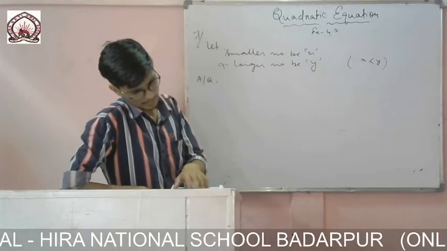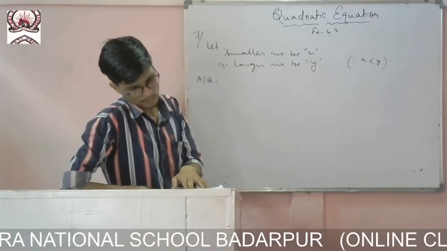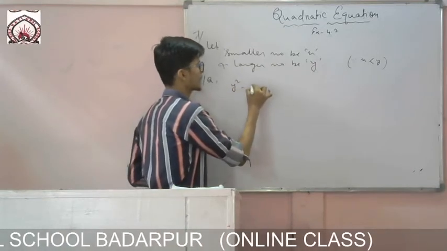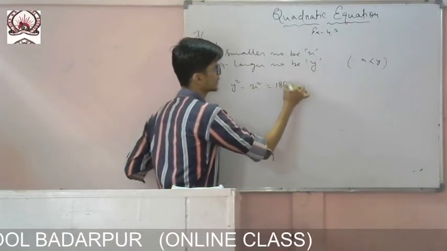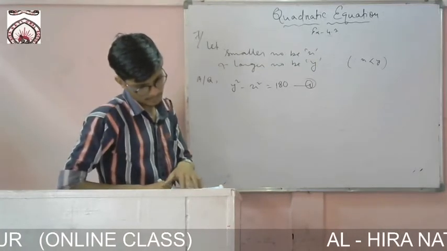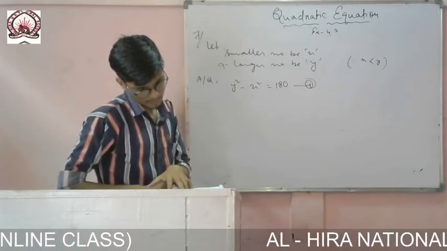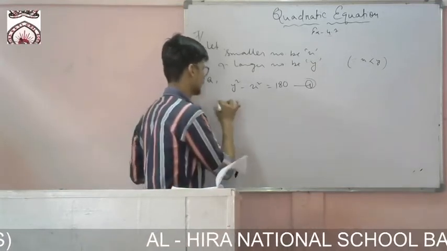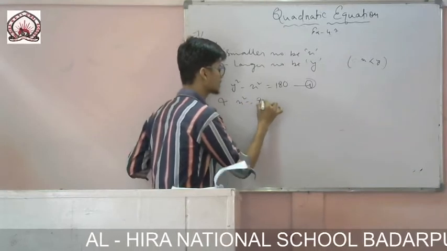You see here the difference of the squares of the two numbers is 180. So y squared minus x squared equals 180, and given the square of the smaller number is 8 times the larger number, x squared is given as 8y.